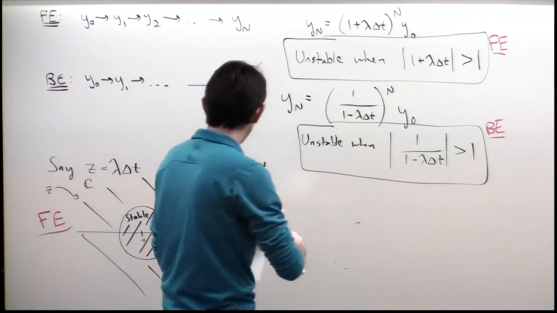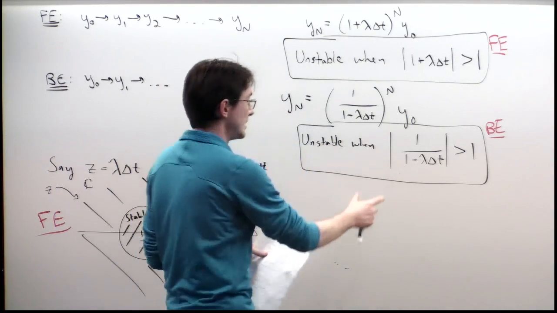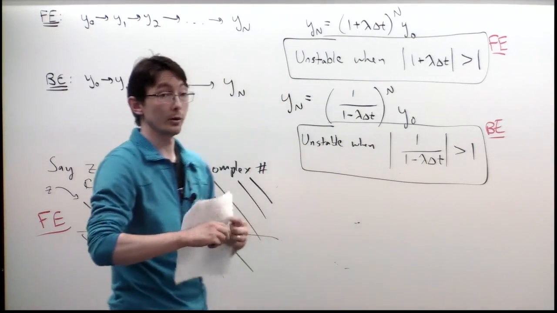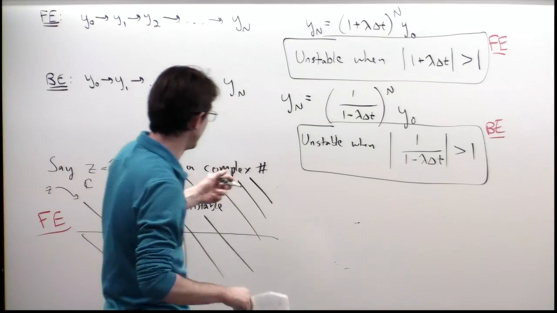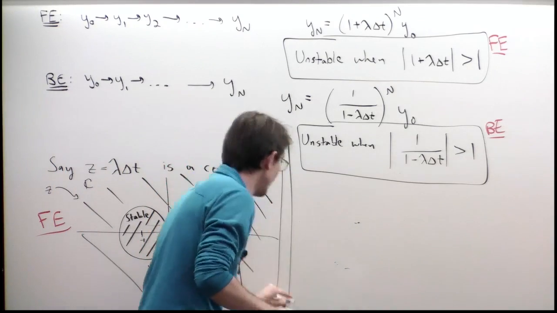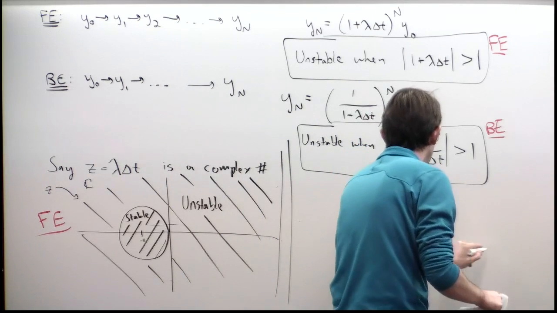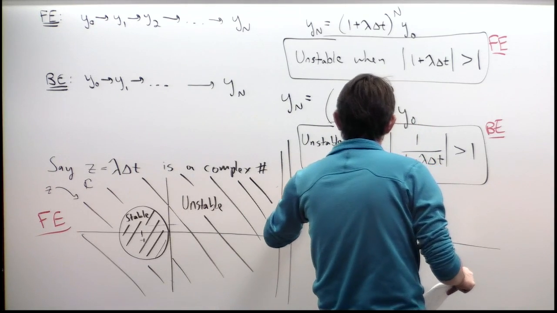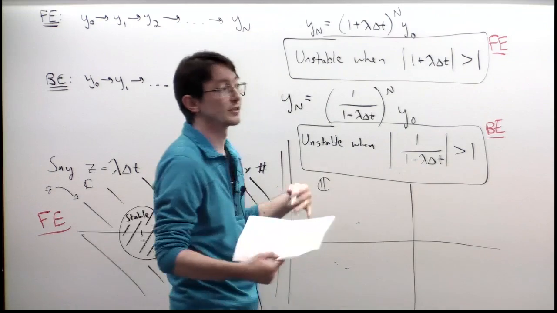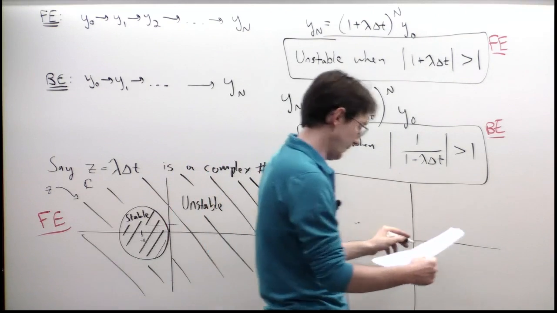Now let's do the exact same thing for backward Euler. That's my complex plane, and I still have some number z in the complex plane.